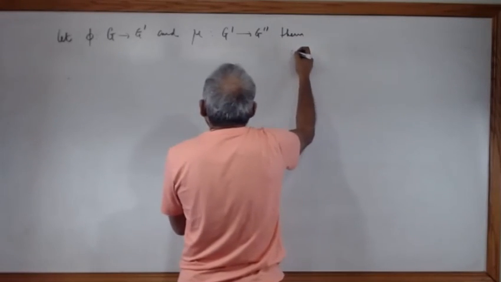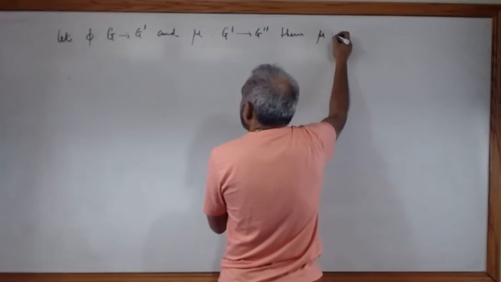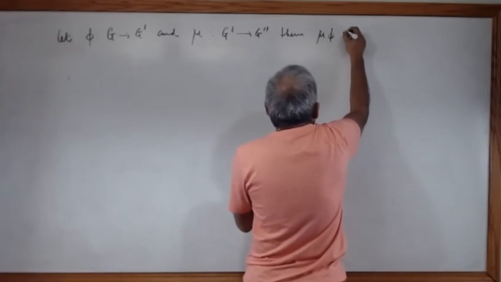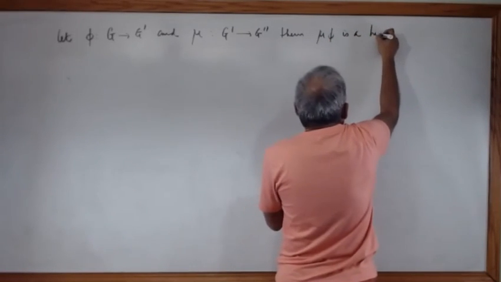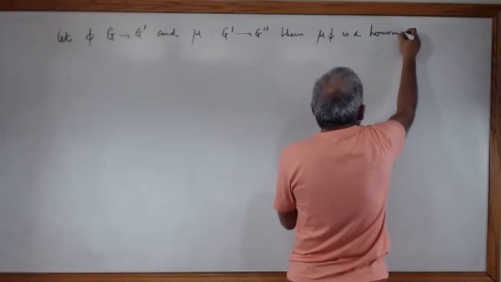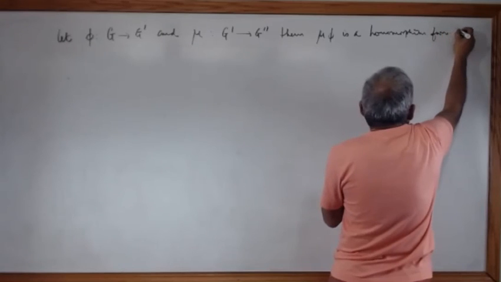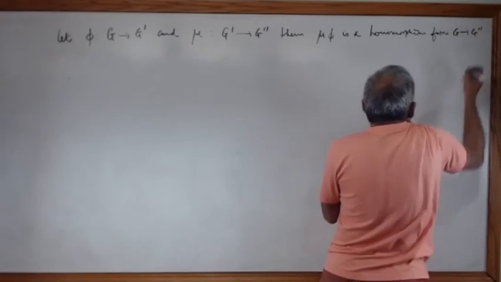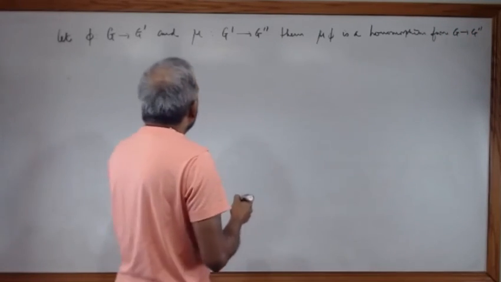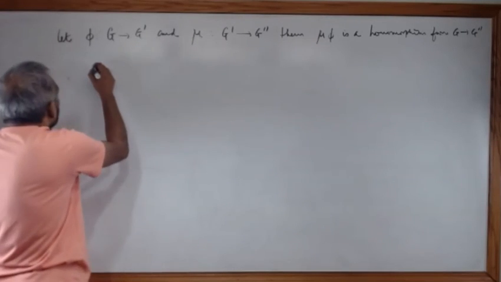Then mu after phi is a homomorphism from G to G double prime. It's very simple.